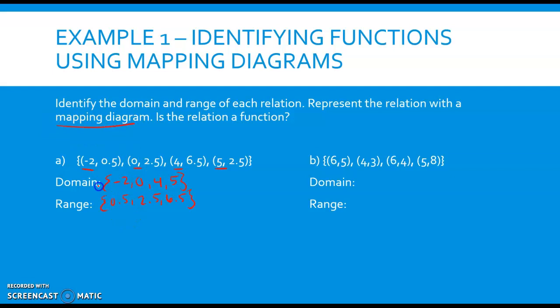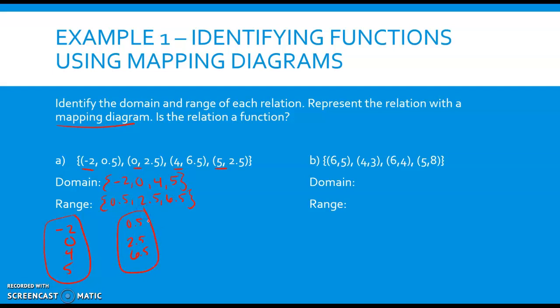Now, mapping diagram. That's where we write our domain in numerical order. And then most of the time it's like in an oval shape. And then we write our range in its own little oval.